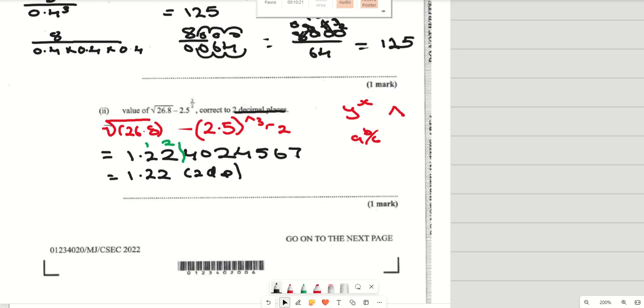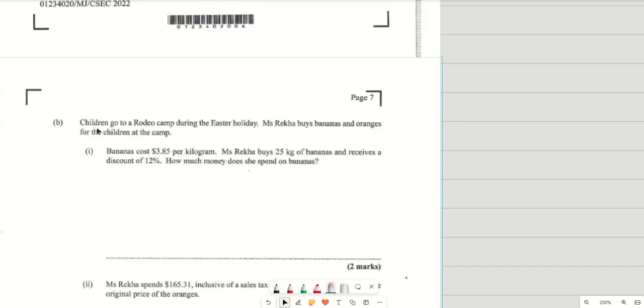All right, let's do B. Children go to a rodeo camp during the Easter holiday. Miss Reka buys bananas and oranges for the children at the camp. Bananas cost $3.85 per kilogram. Now, let's underline that there.